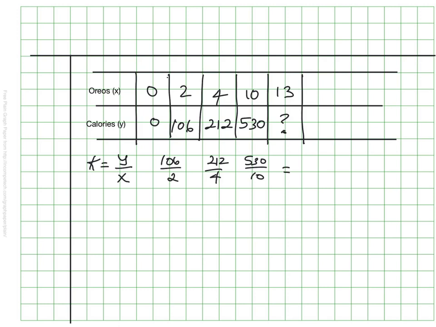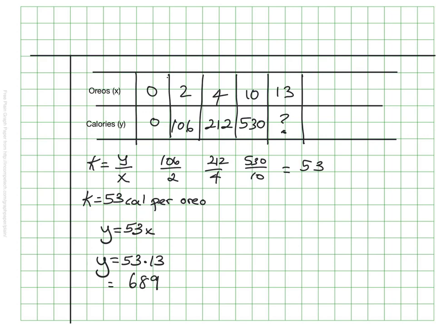In every single one of these, it works out to be 53. So our K value is, of course, then 53, right? That's the unit rate of calories per Oreo. And I can use that for my equation, y equals 53 times the number of Oreos. And if I'm trying to figure out how many calories there are in 13 Oreos, I can solve it like that, which works out to be, I believe, 689 calories.